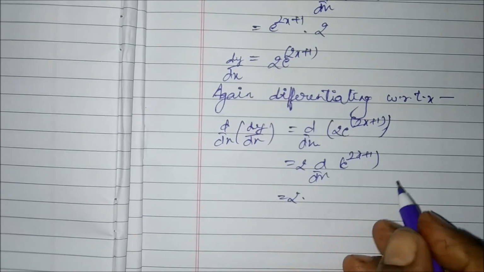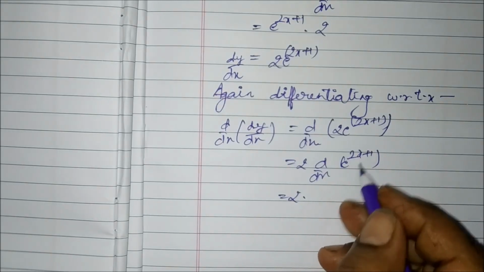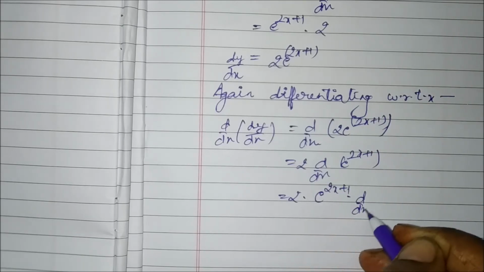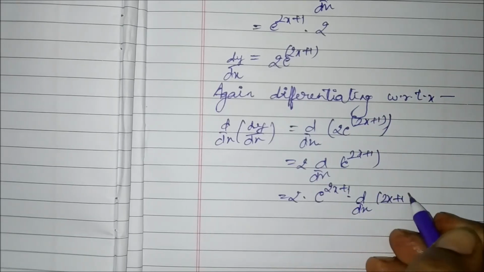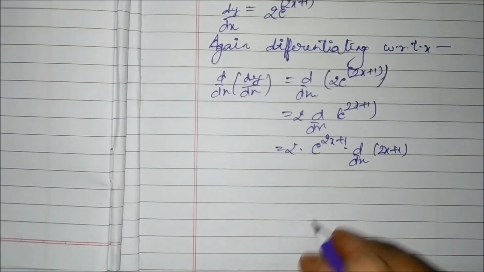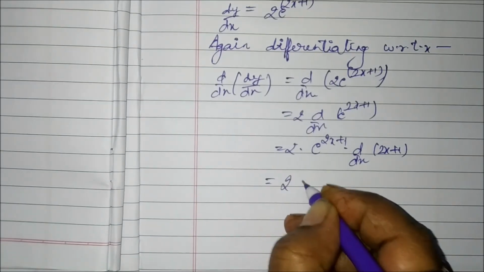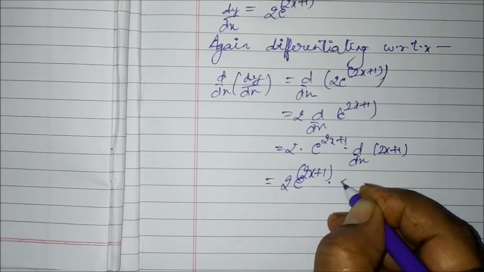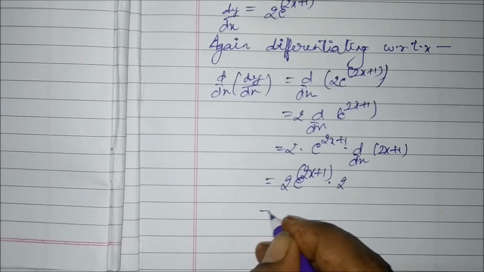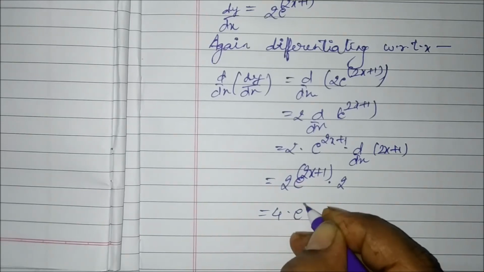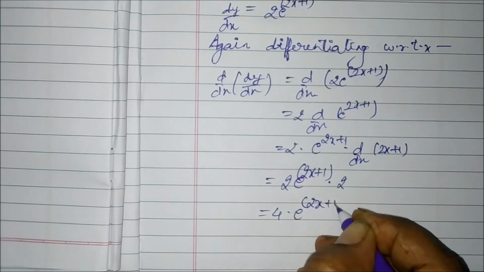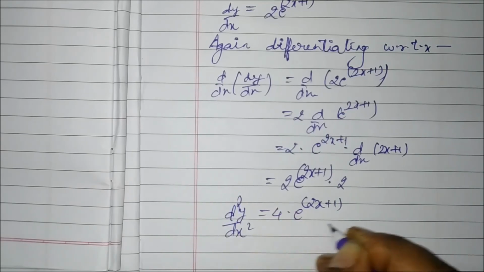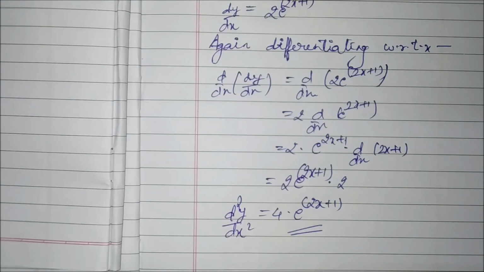So 2 is constant right here. Derivative of e raised to 2x plus 1 is e raised to 2x plus 1 into d by dx of 2x plus 1 again. So we have 2 e raised to 2x plus 1 into 2. So 2 into 2 we get 4 e raised to 2x plus 1. So this is d2y by dx2. This is the answer.